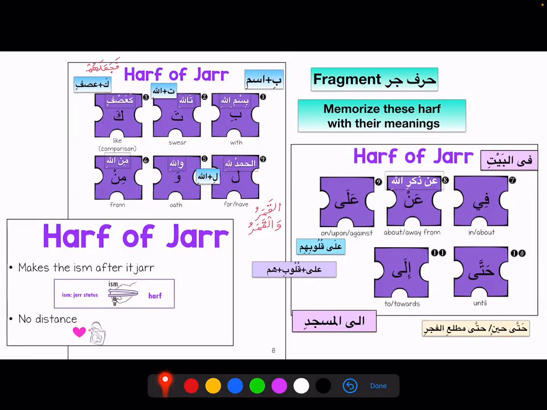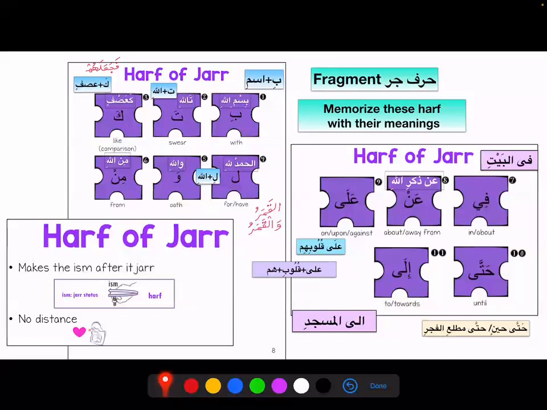And then the next example is hatta matlail fajr, Surat Qadr, right? So until the rise of the fajr. So hatta, and then you have matla'i. So this is jar in status. Then we have ila. Ila means to or towards, and we say ilal masjidi. So ila is harfu jar. Al masjidi is ism majrur.